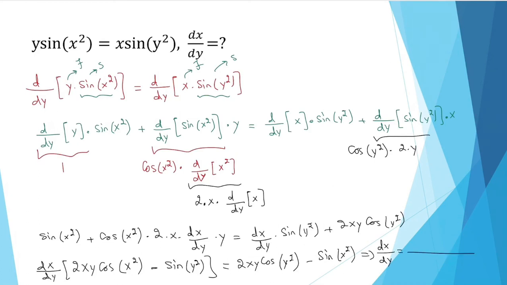So dx over dy is equal to 2xy cosine y squared minus sine x squared divided by 2xy cosine x squared minus sine y squared. And that is the final answer to this question.